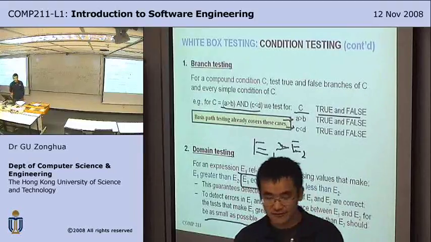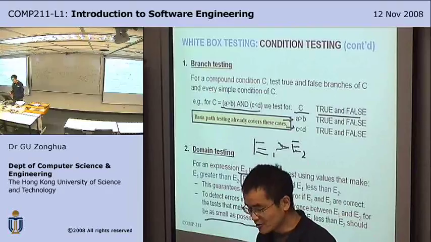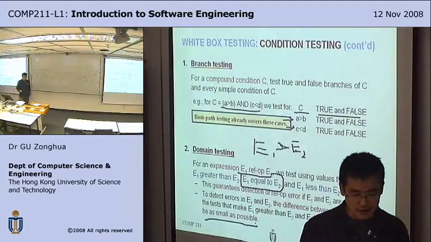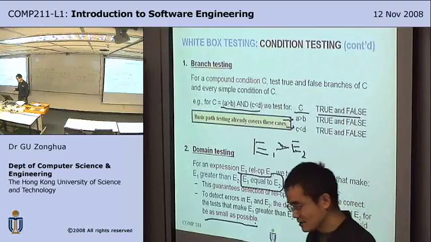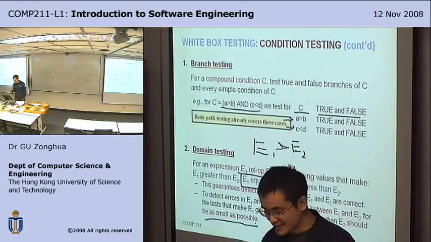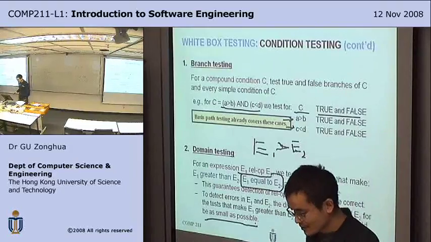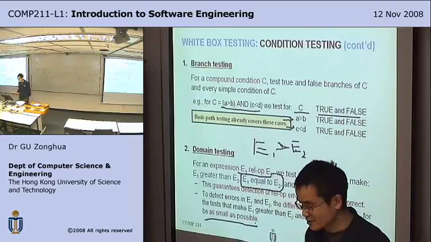It's not a guarantee, of course. So the theory is that if the difference is small, it's likely that if there are any errors, it may come up by crossing the Boolean condition from true to false, or from false to true, and then you can detect it. If you have a larger difference, then perhaps you mask any possible errors.